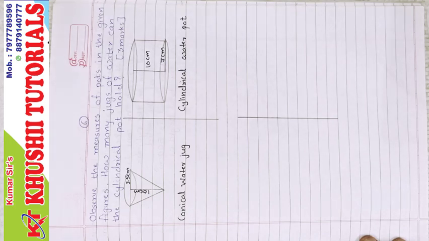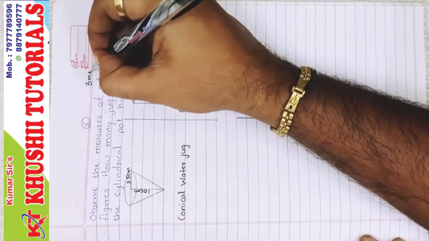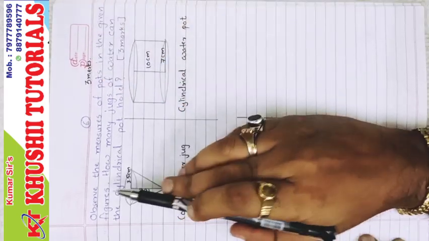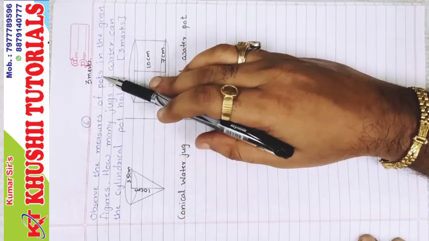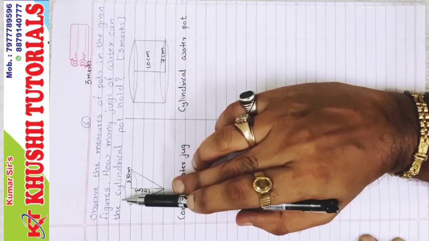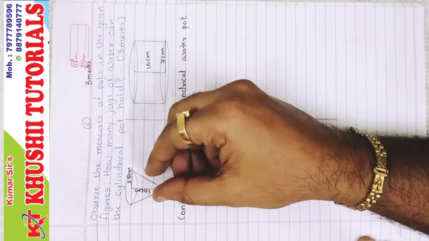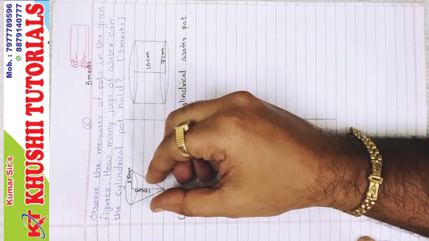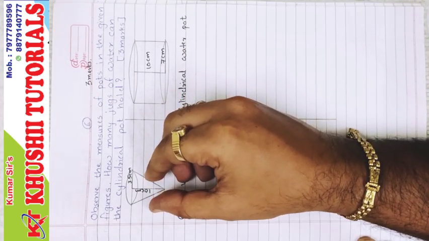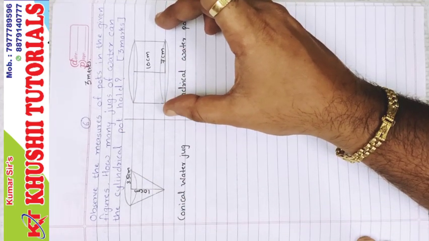Sum number 6, which is of 3 marks. Observe the measures of the pot. In the given figure, how many jugs of water can the cylindrical pot hold? It means we are transferring the water from this conical jug to the cylindrical tub.